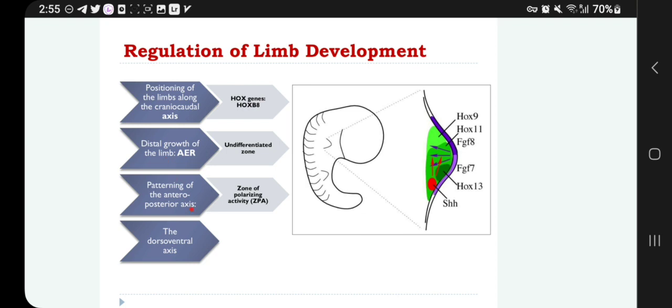And why, for example, is the pollex, or the big toe, the pollex or thumb in a hand, lateral, and the little finger medial? We have an area, here is this area. The cluster of cells is near the posterior border of the limb.